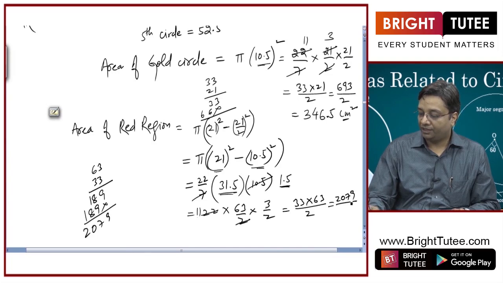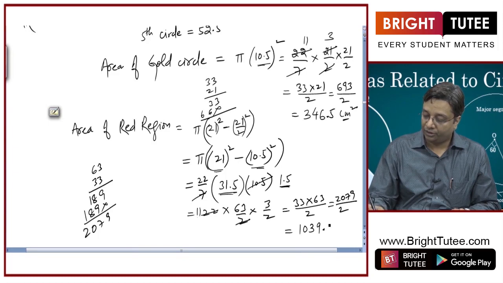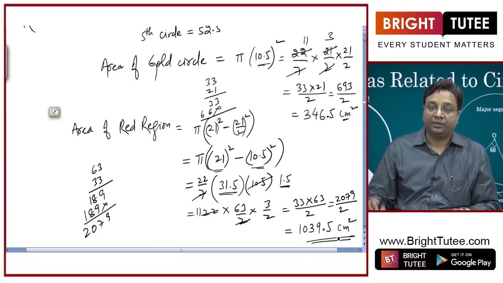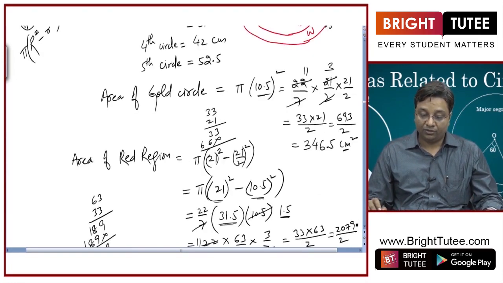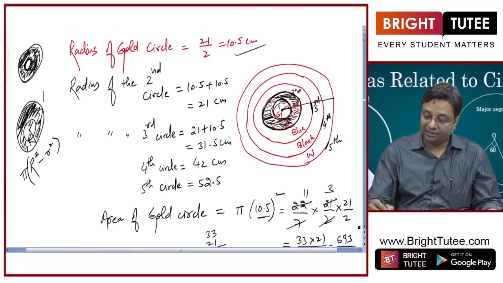So this is 2079 divided by 2. Hence you can write it as 1039.5 and the unit is centimeter square. Okay, this is the area of this scoring region, the red scoring region.